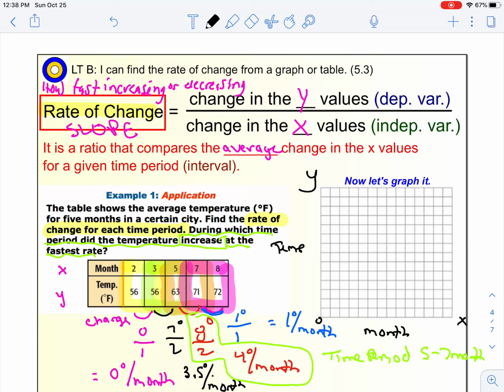So we have month 0, we have month 2, we have month 4. I'm just going to go up by 2s and skip a line. And our temperature, we have to look at our temperatures, but the smallest temperature that we had was 56 and the largest was 72. So I'm not going to start numbering this 0, 2, 4, 6. I'm going to run out of space.